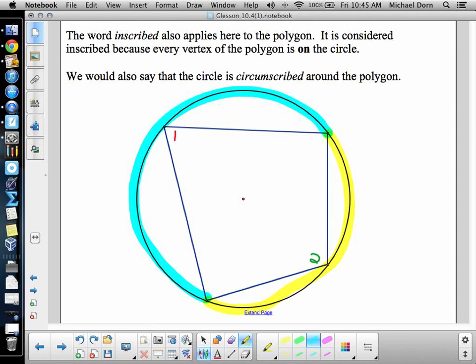They aren't necessarily congruent unless the arcs are congruent, but the opposite angles in an inscribed quadrilateral add up to 180 because the arcs they intercept add up to 360, and the angles are half the arcs.